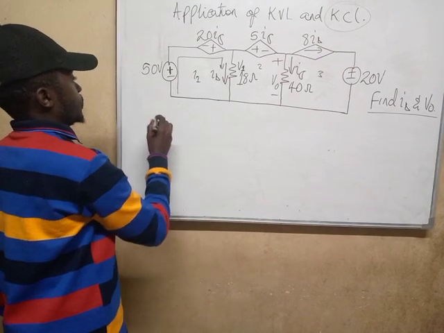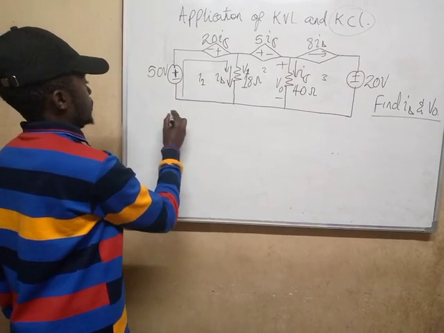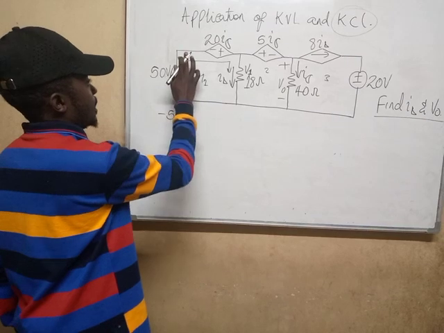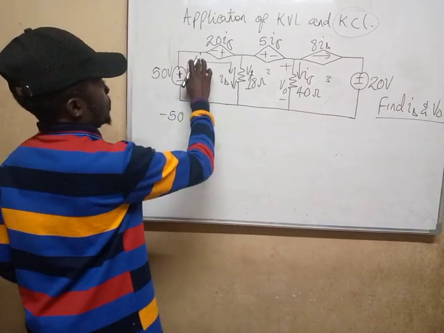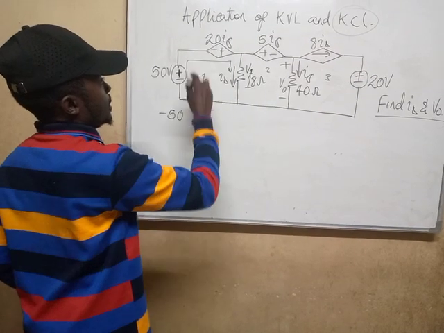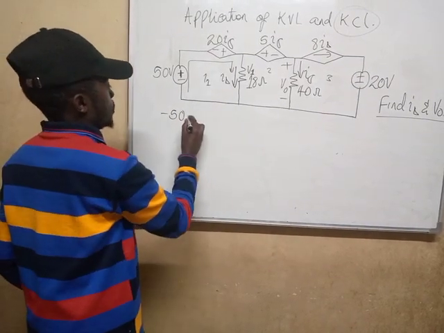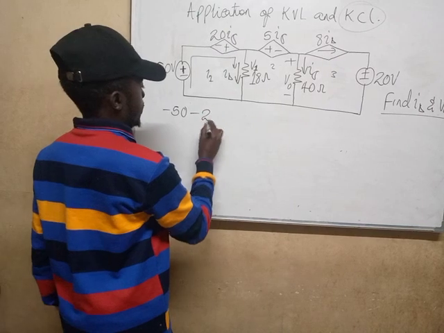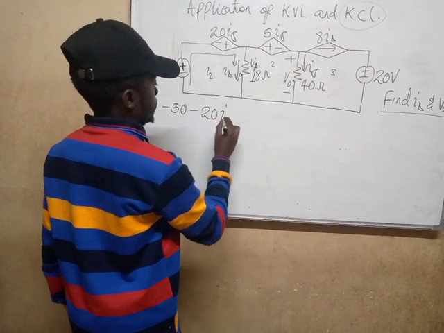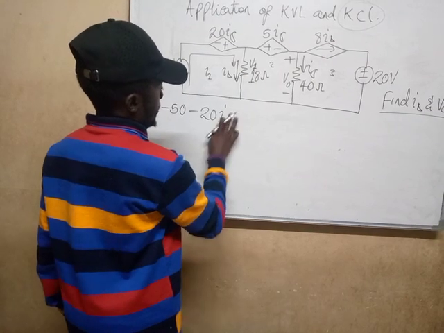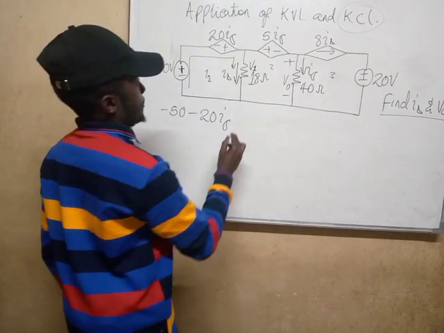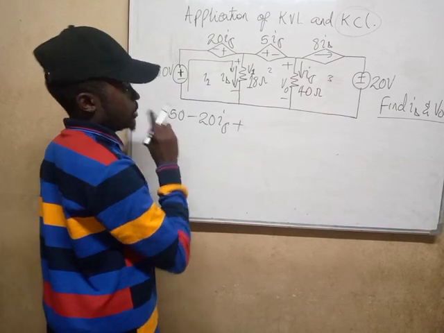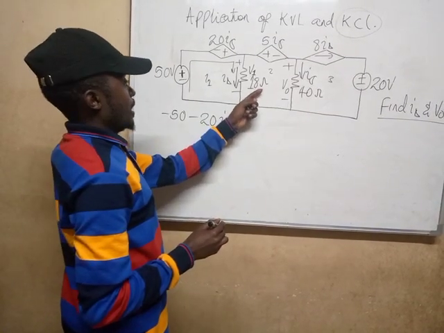In loop 1, we have negative 50, plus negative 20 I sigma, we take the sign that comes first, so it will be minus 20 I sigma, plus, this is positive, negative, so it will be plus V1.